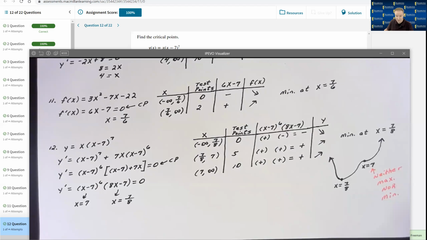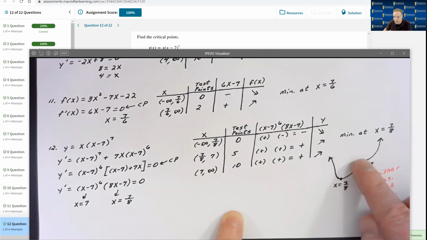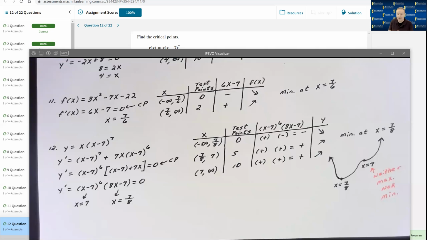The fact that 7 is a critical point means the slope flattens off there. So this graph is going to look like what I've drawn out over here. And you can see 7 is not going to be a maximum or a minimum. It slowed down its rate of increase and flattened out, but then right after it, it started increasing again. So 7 is not a maximum or a minimum. 7 over 8 is my minimum, but both are critical points.